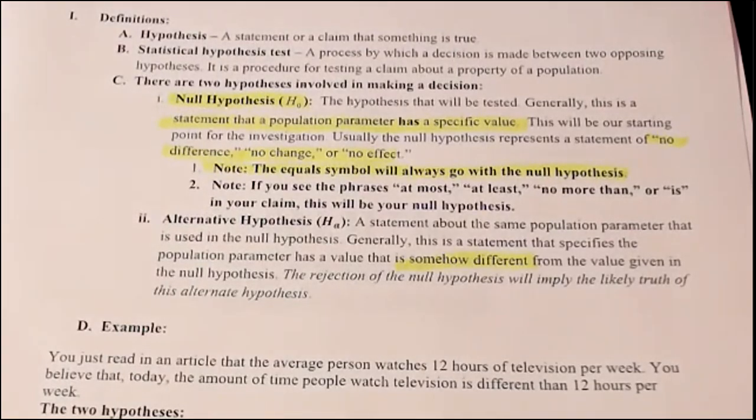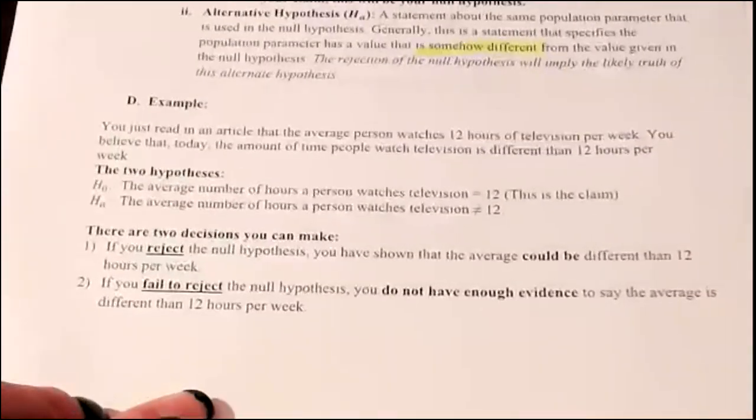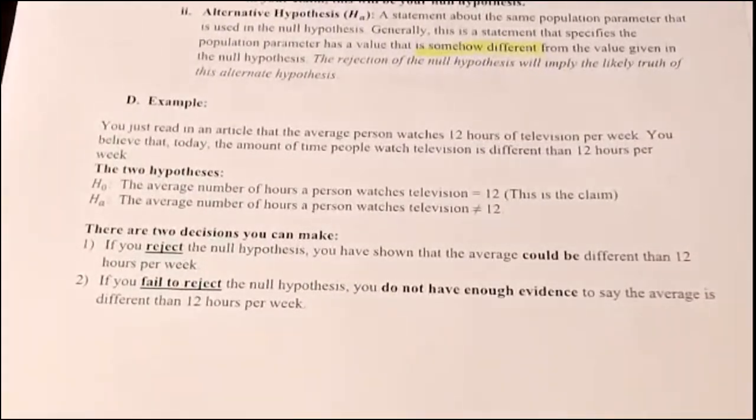Let's look at part D. You just read in an article that the average person watches 12 hours of television per week. You believe that today, the amount of time people watch television is different than 12 hours per week. Notice the language that was used.